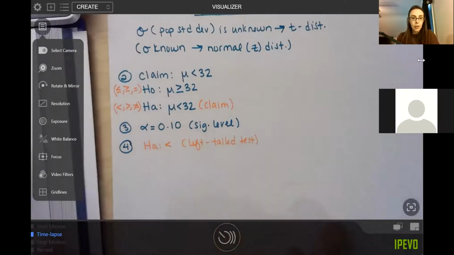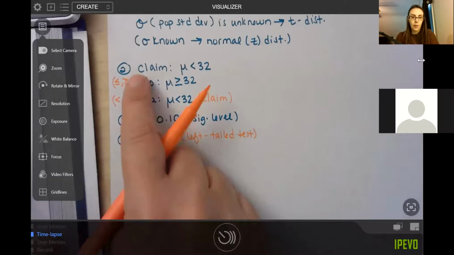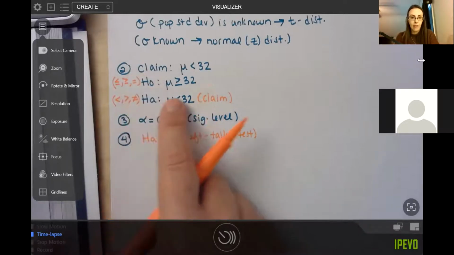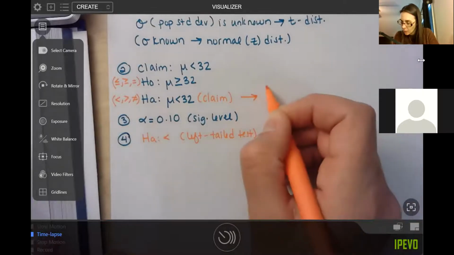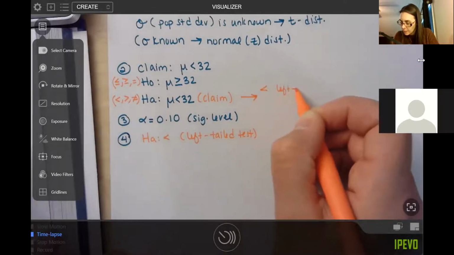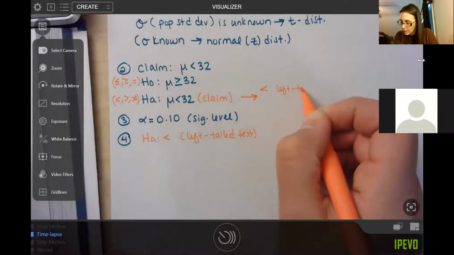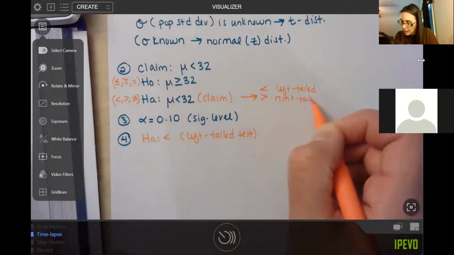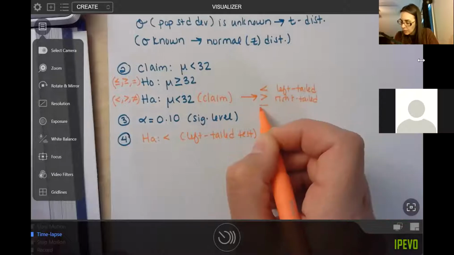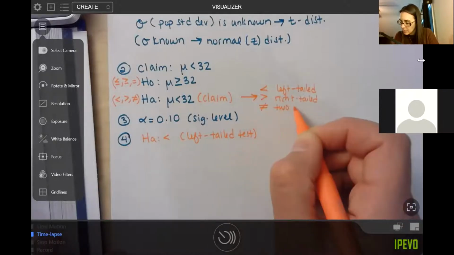So your alternative hypothesis is the one that determines what kind of test you have here. Just as a side note, if it's a less than symbol, you always have a left-tailed test. If it's a greater than symbol, you have a right-tailed test. And if it's a not equal to symbol, you have a two-tailed test.